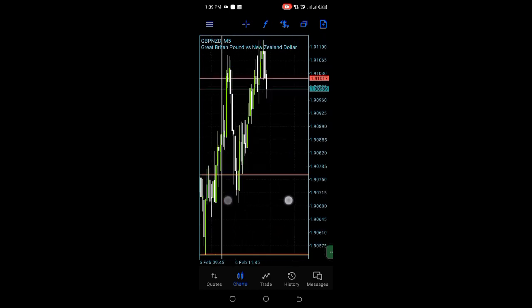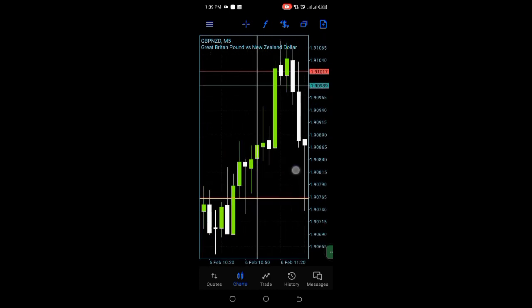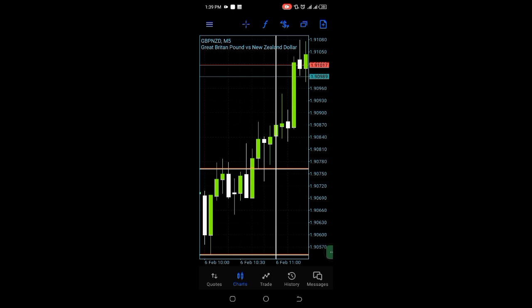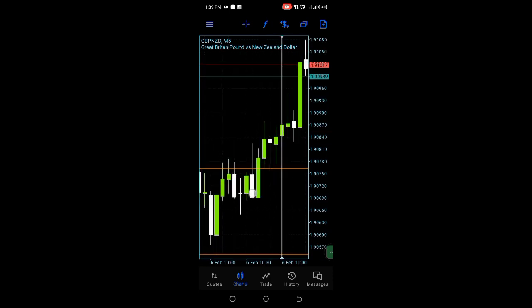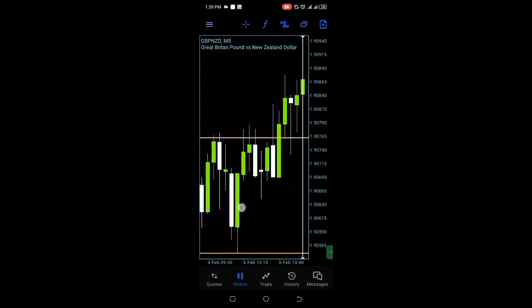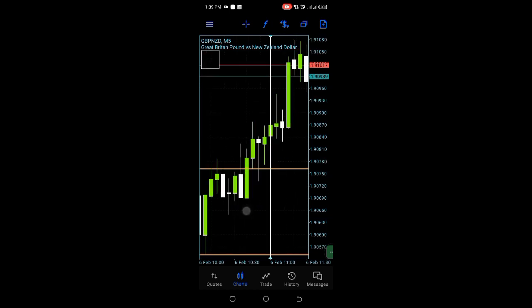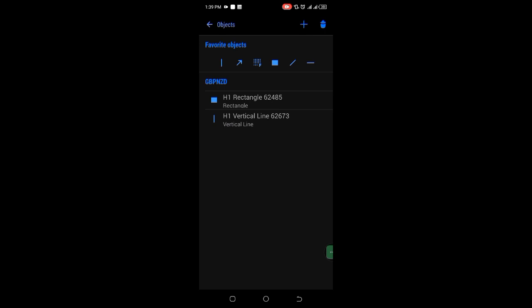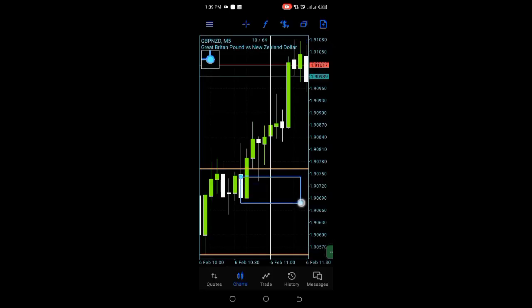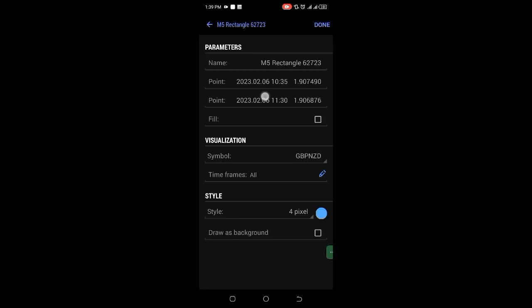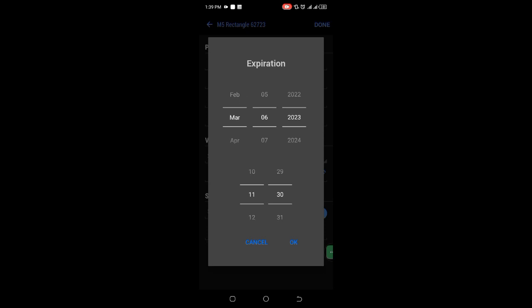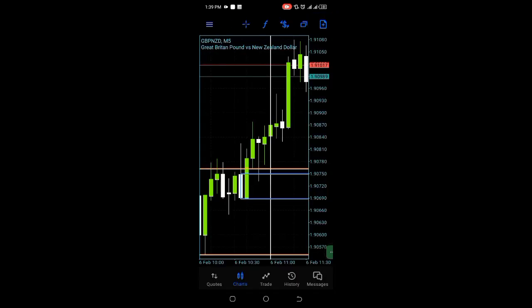So what do you do when you get to this point, you look to the left after the vertical line. You look to the left, and you want to find your zone within the zone. So looking at this, you would have quickly identified a bullish engulfing candle here. Okay, you would have identified this one right away, and it looks very nice here.